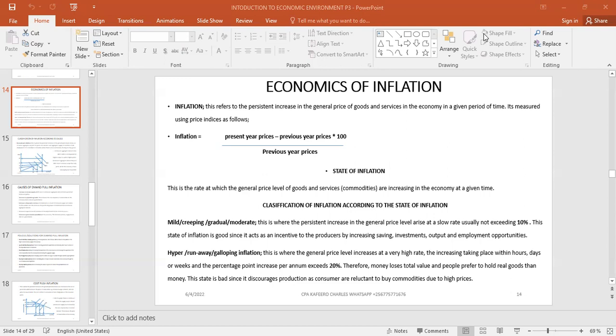That one is not good for the economy, because money is going to be losing value every time, and it will also discourage production, because consumers will be reluctant to buy items that are of a high price.